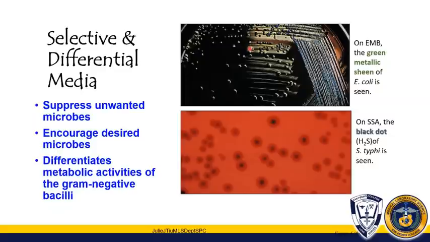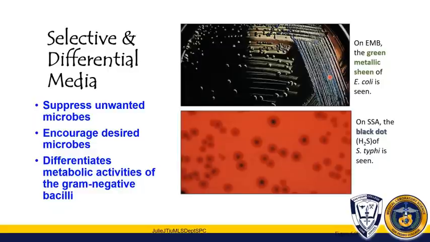That's why EMB is both a selective and differential medium. Differential too, because if you see colored colonies, pink or red colonies, this means they are lactose fermenters, while the colorless colonies are the non-lactose fermenters.